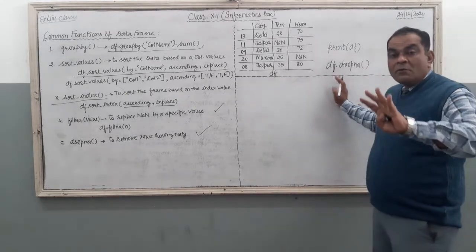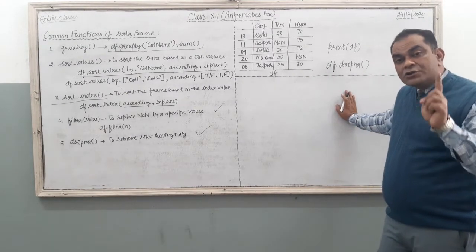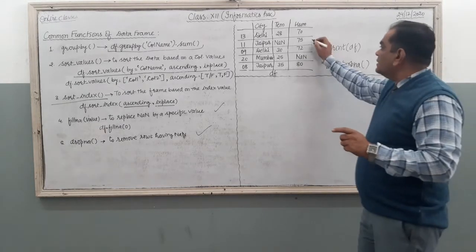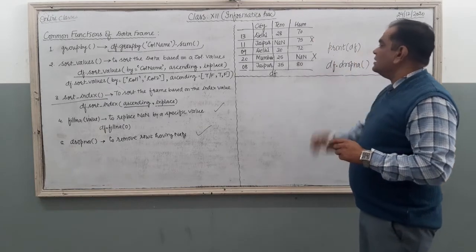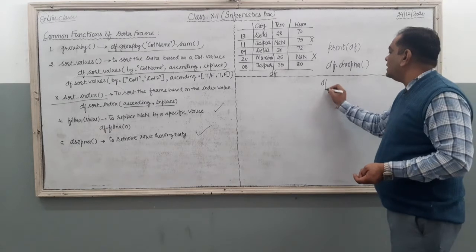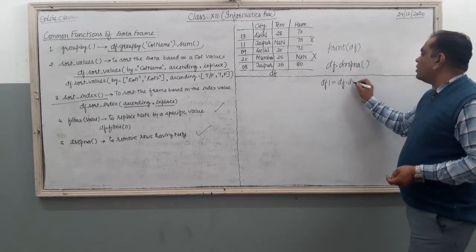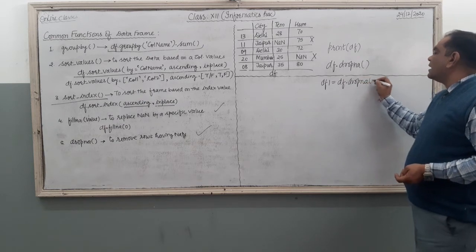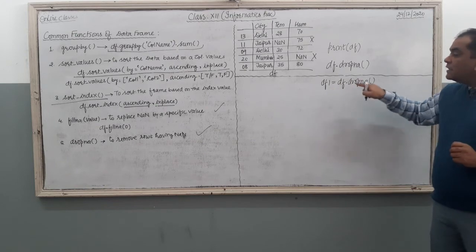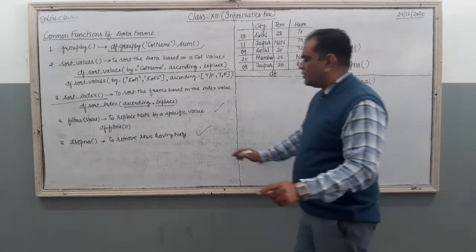The computer removes the NaN rows from the data frame and shows only those rows having a valid value. This row is removed, this row is removed in the output. Right? Now if you use the same command like this, df1 equal to df.dropna(), what will happen? df1, one new data frame, will be created without NaN records. Done? So this is the very basic function, dropna.